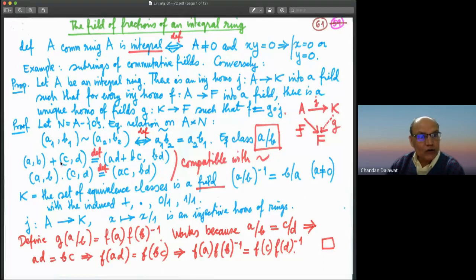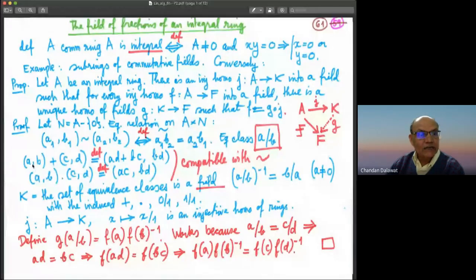So you have to define how to add two elements, A/B plus C/D. You define it to be (AD plus BC)/BD, and the product is just AC/BD. You can check that this definition is compatible with the equivalence relation tilde. What does that mean?